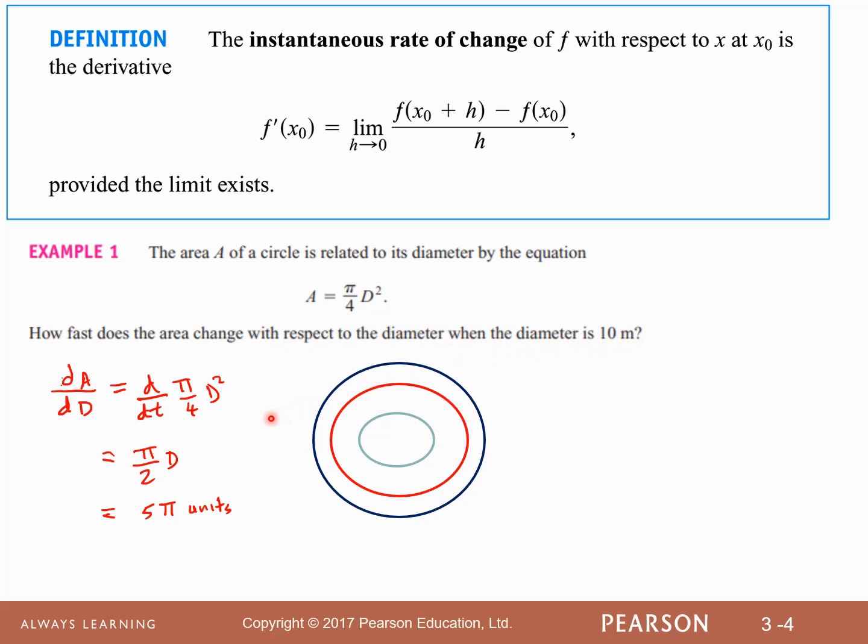So we replace D by 10 meters, and then of course 10 divided by 2 is going to give us 5, so that is 5 pi units. 5 pi units is the answer. So the units is meters, for example, so 5 pi meters. That's it for this example.